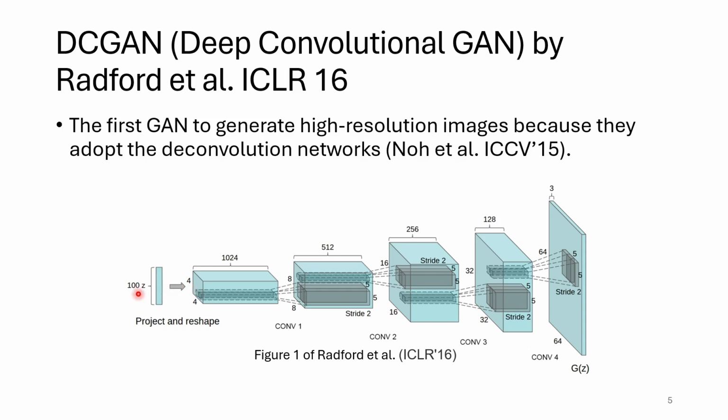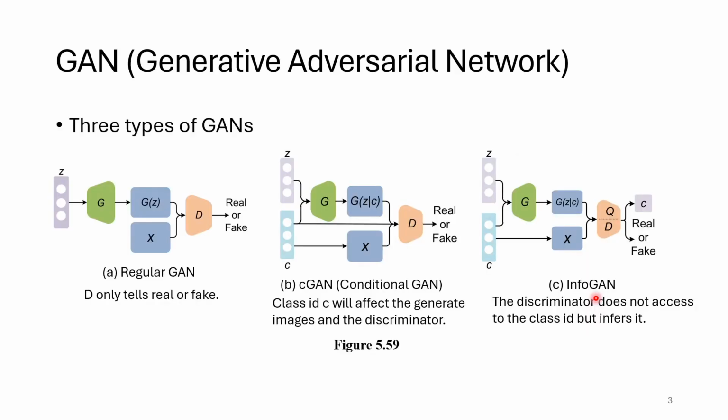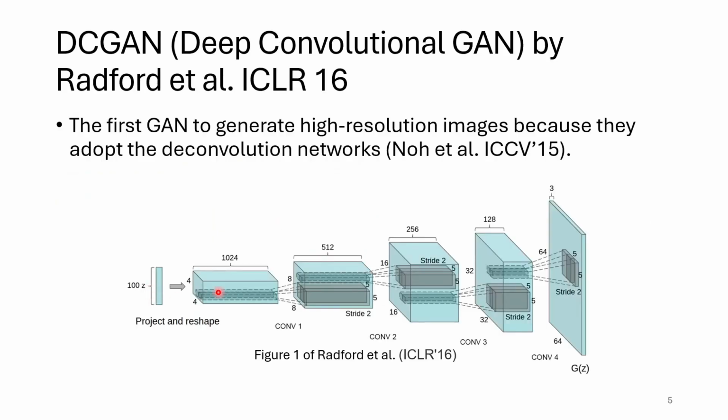From these 1x1 signals, they can generate a result as a 64x64 image. So what type of GAN is this? It is a regular GAN. There is no condition. If they learn the network, for any given signal, they will generate an output image.